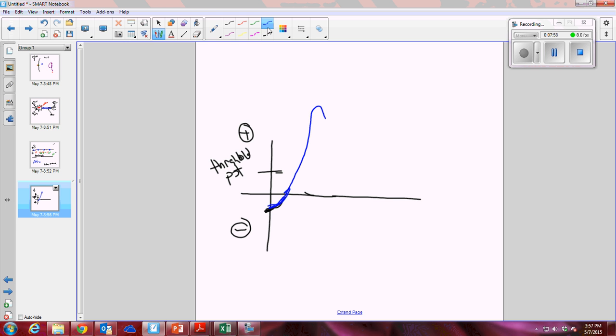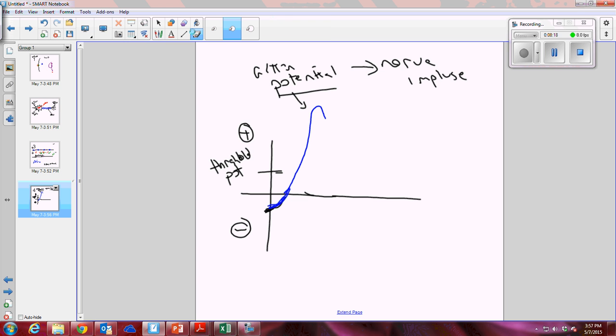And that spike is called the action potential. Another word for the action potential is a nerve impulse. Switch those two letters around. All right. So the action potential goes up, and this is when the cell is at its most polarized. It's the most charge on the inside. So the action potential is fired.